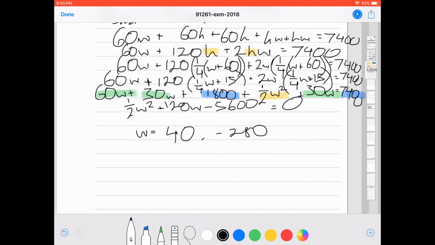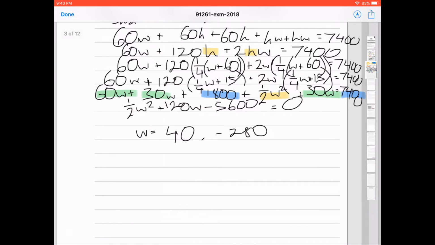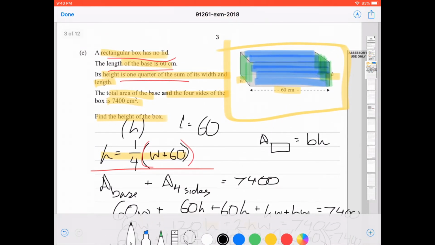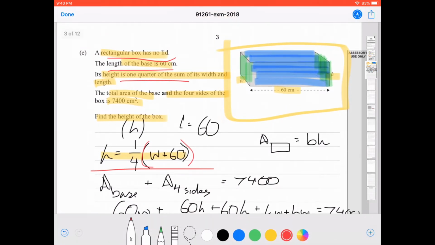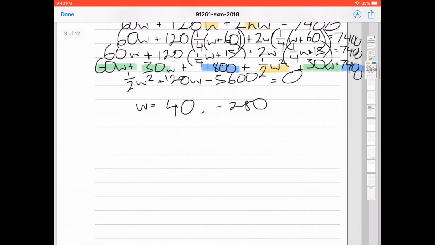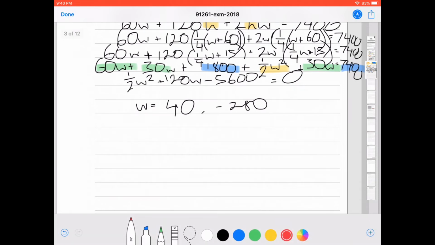Now, one thing we know about w, if we pick it back up to our question, because we are working to a context here, meaning there's some constraints on our variables. W is a side length here. And so thinking about our values for W, obviously you can't have a negative side length, meaning W, you could say either can't be negative or must be positive.